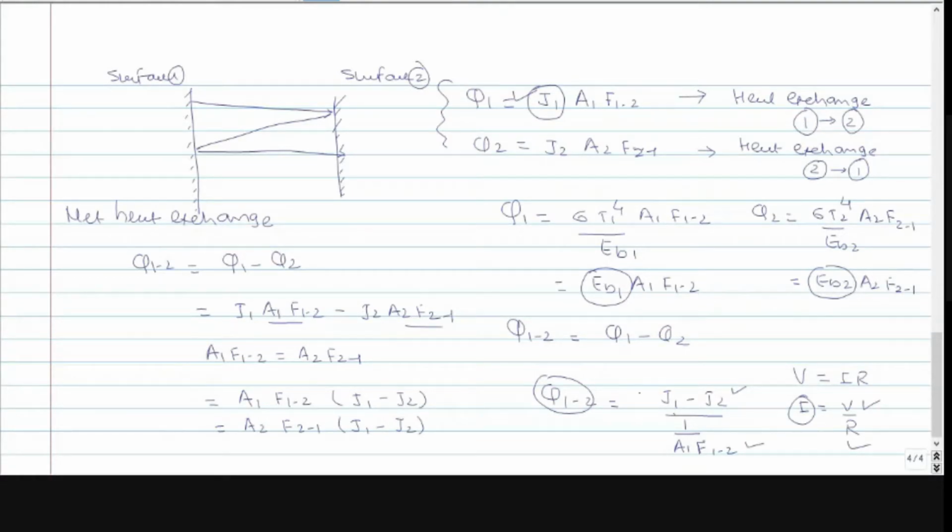So if I again plot this expression, let me write Q12, which equals J1 minus J2 divided by 1 upon A1 F12, and our expression is I equals V by R. So by comparing, we get one resistance, R thermal equals 1 upon A1 into F12, and we can plot the circuit like this.